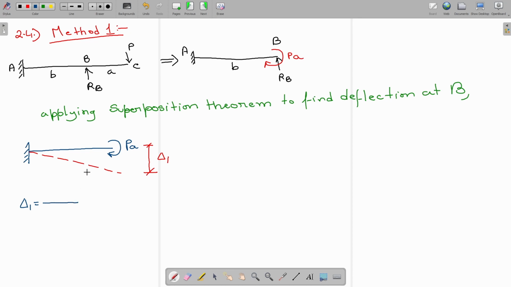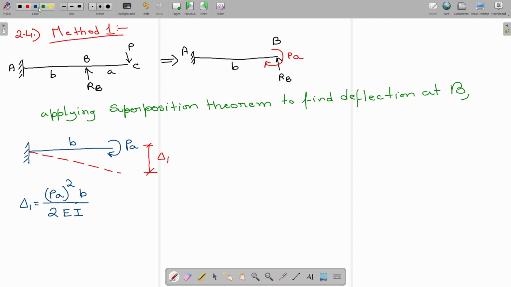This is acting like a cantilever beam with a moment at its free end. Therefore, the deflection for this will be PA, which is the moment, into B squared, where B is the length of the beam, by 2EI.